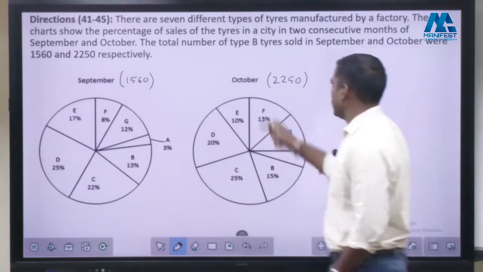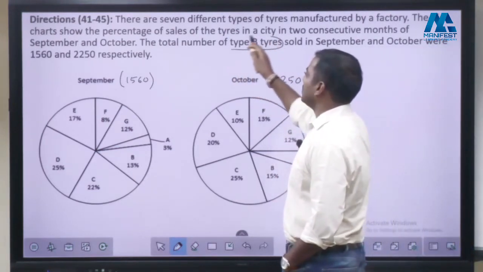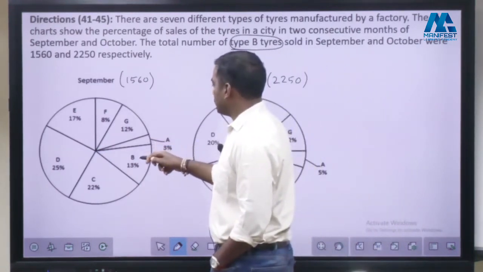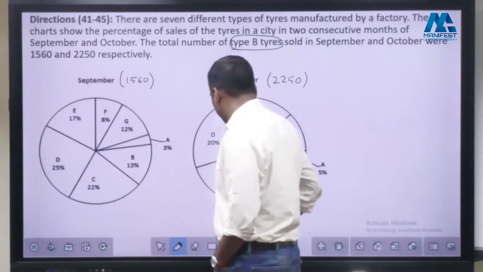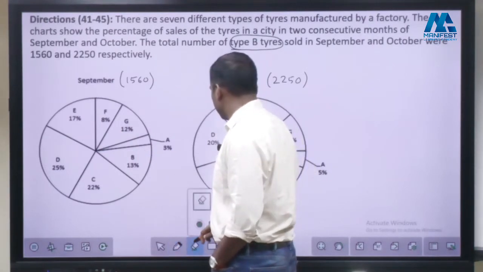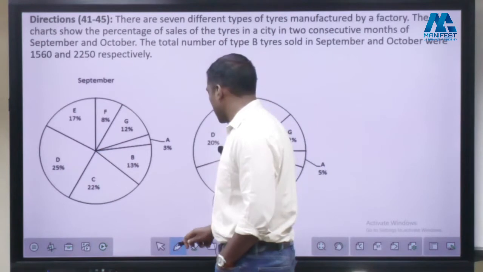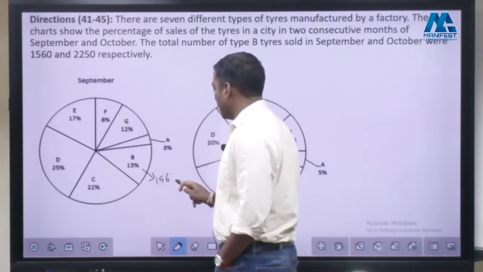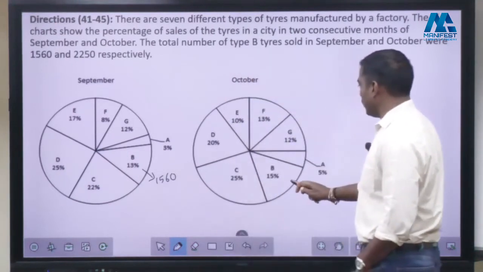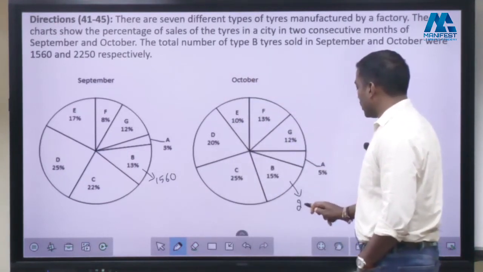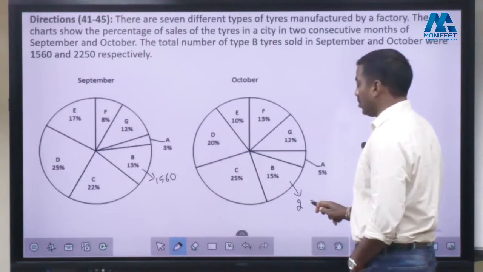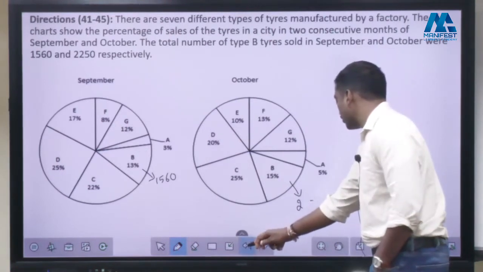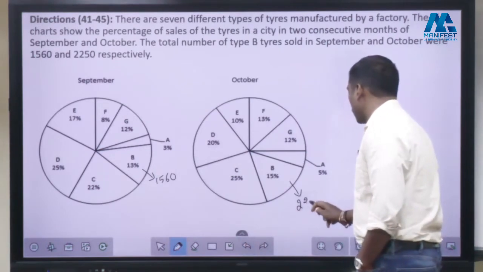Yeah. The number of type B tires. That means this number is equal to 1,560 and this is equal to 2,250.